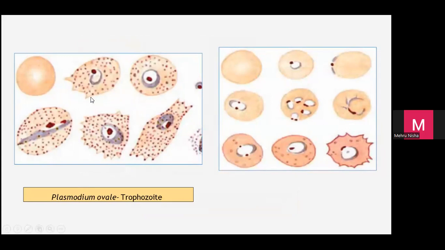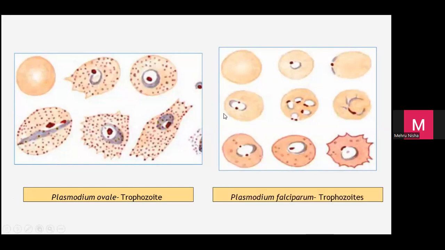Plasmodium ovale and also Plasmodium vivax, the infected RBC is very big compared to normal RBC. At the same time, if you see the RBCs are the same size, most probably it is falciparum. For falciparum, all the RBCs are uniform in size, normal and infected. So that is how we identify.